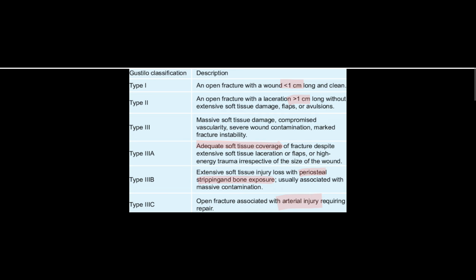So in type 3, soft tissue will be massively damaged. But if adequate coverage is present, then it is 3A. And if there is periosteal stripping, then it is 3B. And if there is arterial damage, that is blood vessel is also damaged, then it is type 3C. It is very important in the open fractures and it is most frequently asked.